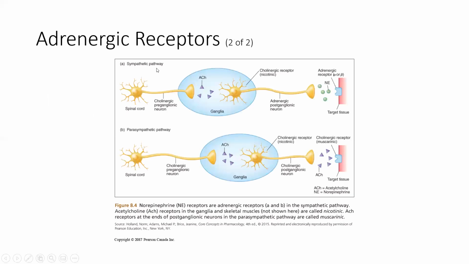Now, this is the sympathetic pathway. The spinal cord is giving the cholinergic preganglionic neuron. Acetylcholine neurotransmitter is here. In the sympathetic pathway, acetylcholine. In parasympathetic, acetylcholine. Because if you remember, acetylcholine is in both pathways. But now, when it moves to the next, it is going to the cholinergic receptor, the nicotinic receptor.